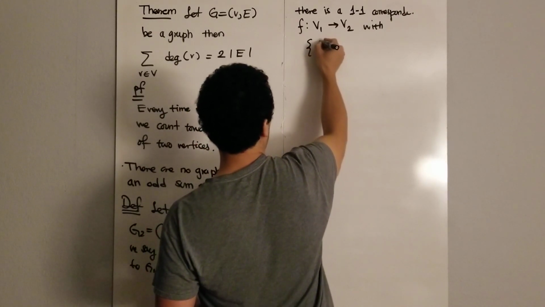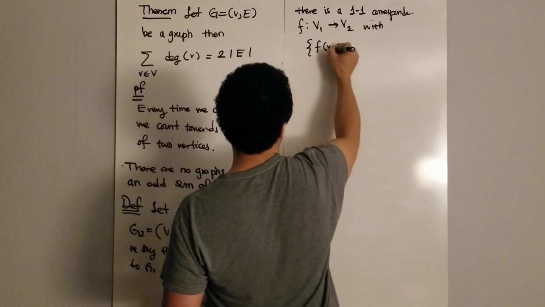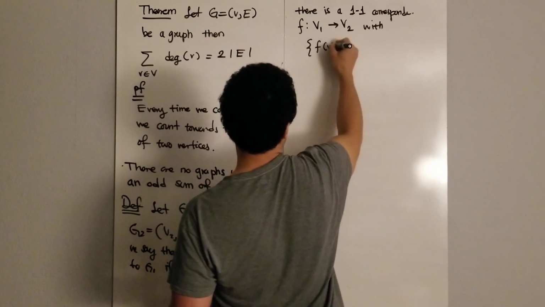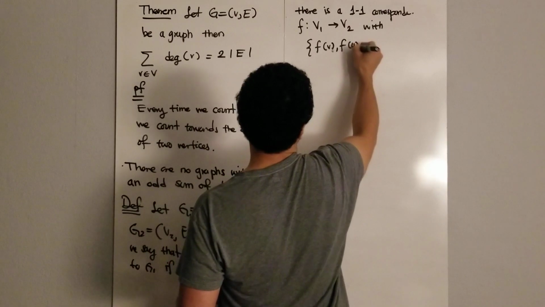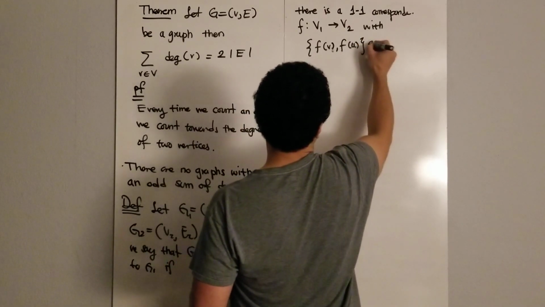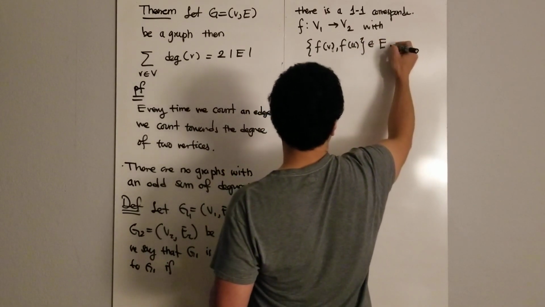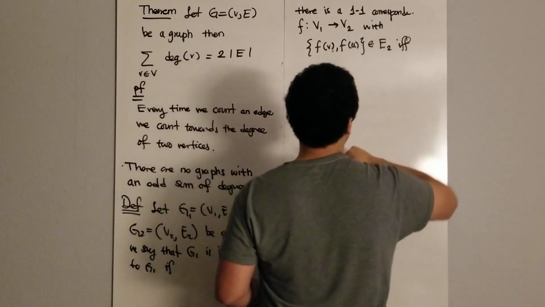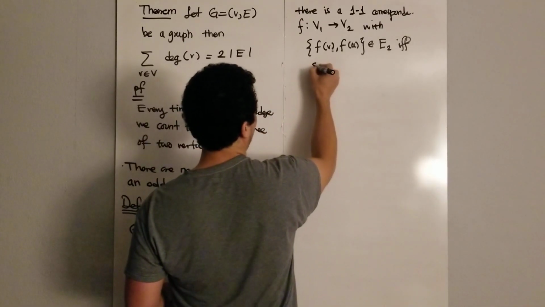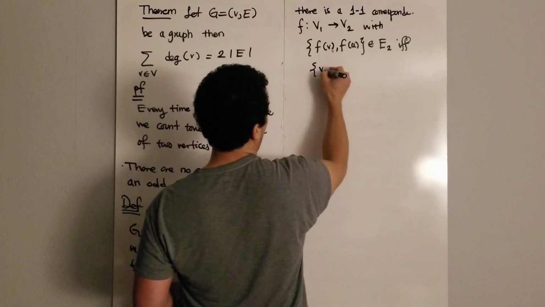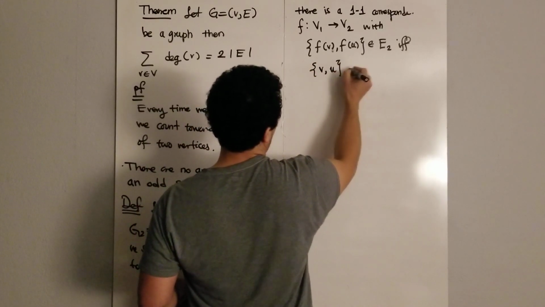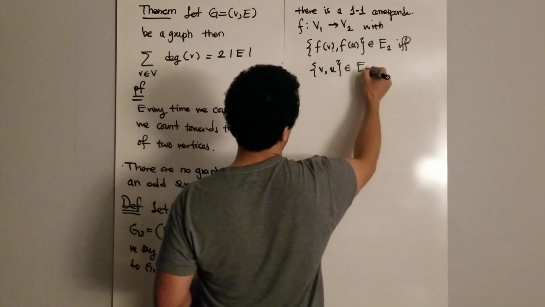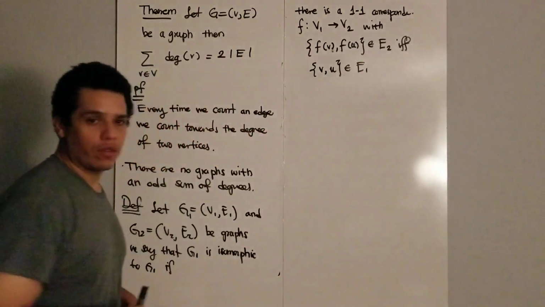The pair f(v), f(u) belongs to the set of edges of the second graph if and only if I have this associated edge in the first graph.